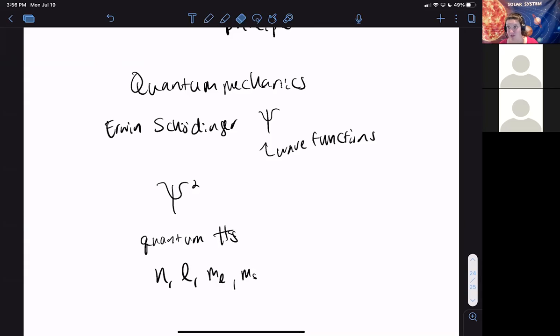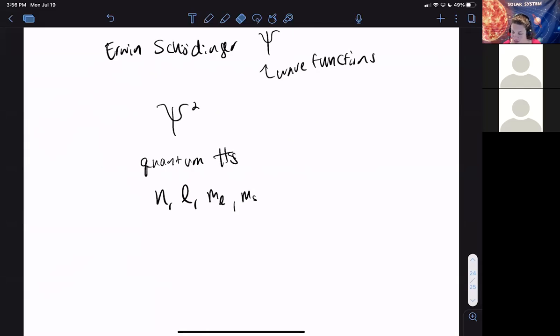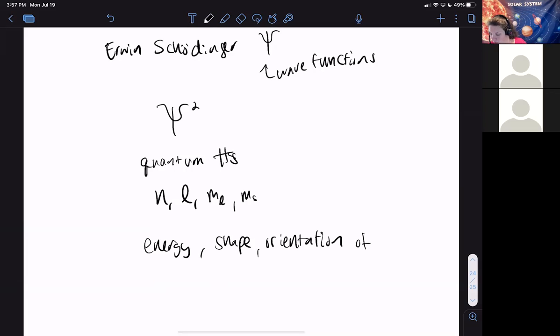So you should know what each of these are: principal quantum number, angular momentum quantum number, magnetic quantum number, and spin magnetic quantum number. And like I said, you should know how to calculate these. You should also know that these will give you information about your energy, shape, and orientation of your orbitals.